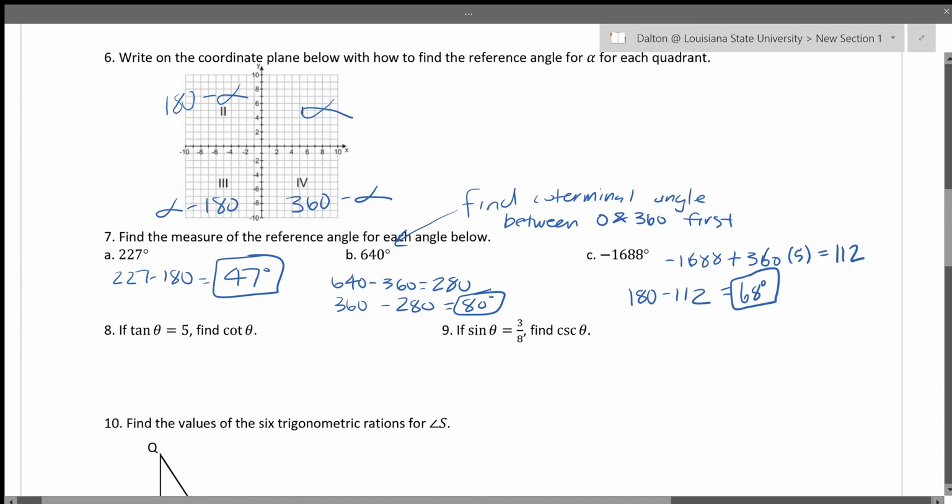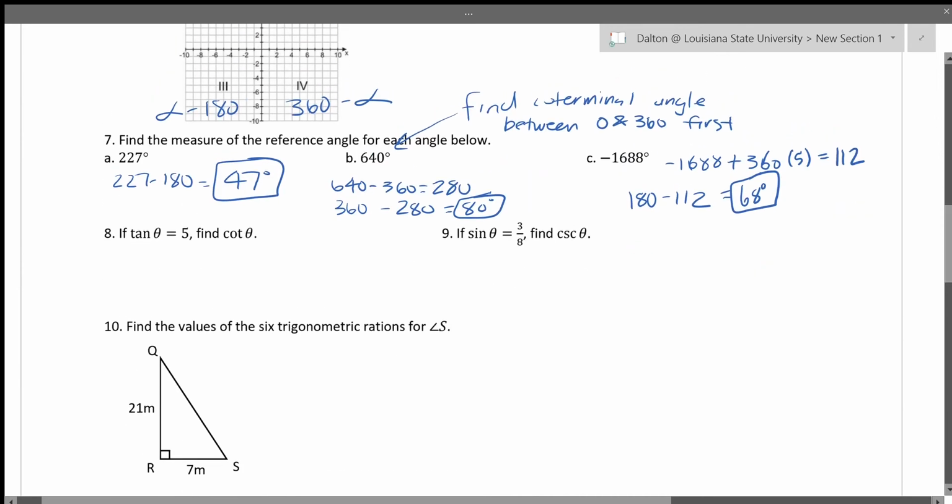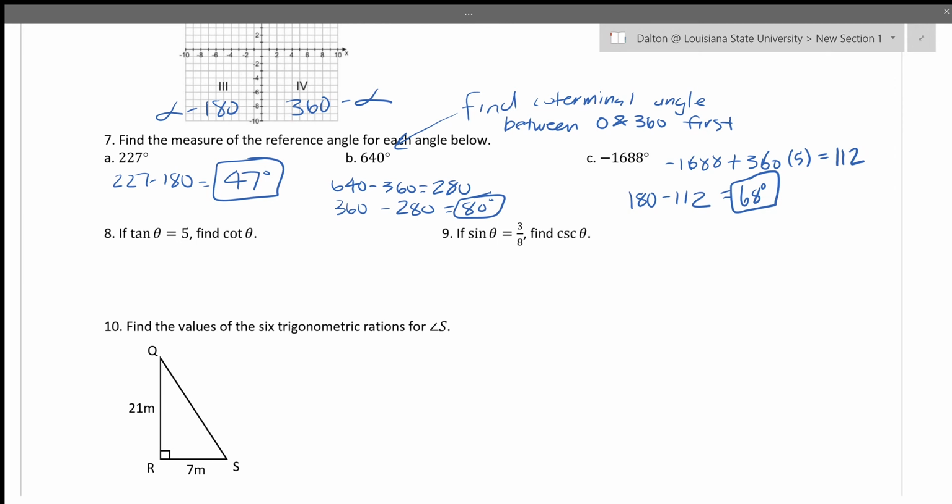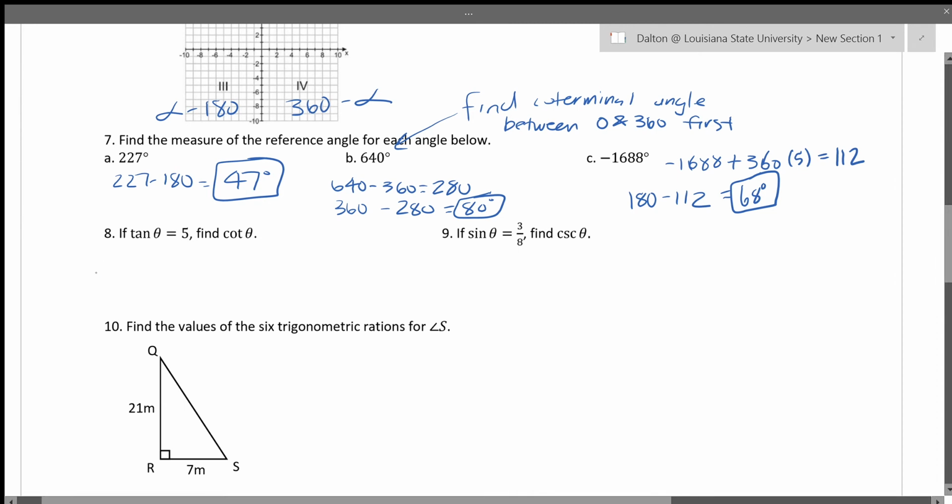For number 8, it says, if the tangent of theta is 5, find the cotangent of theta. Now, you can think about this in a few different approaches. If I say, okay, the tangent of theta is 5, and I know tangent is opposite over adjacent.